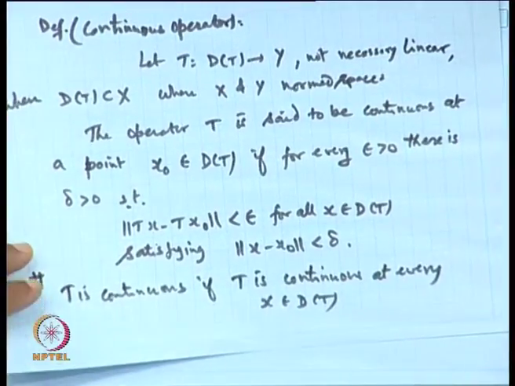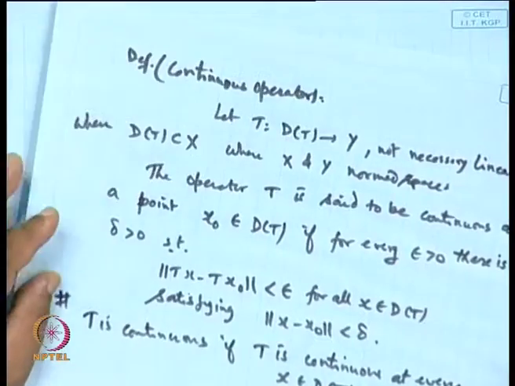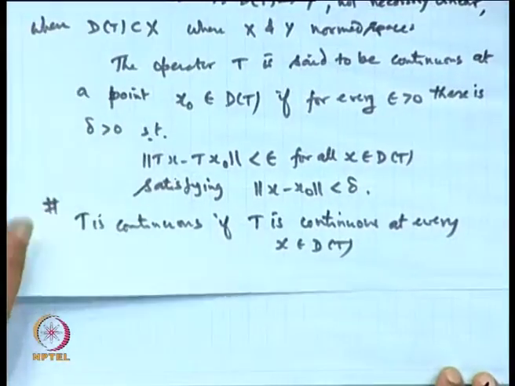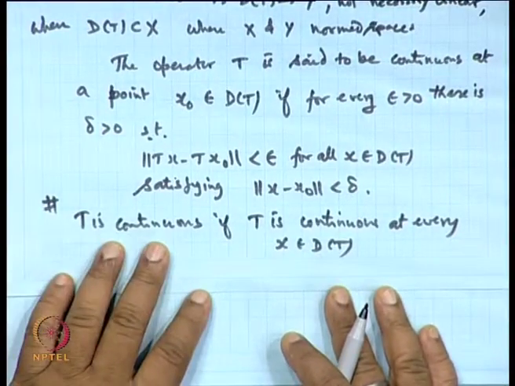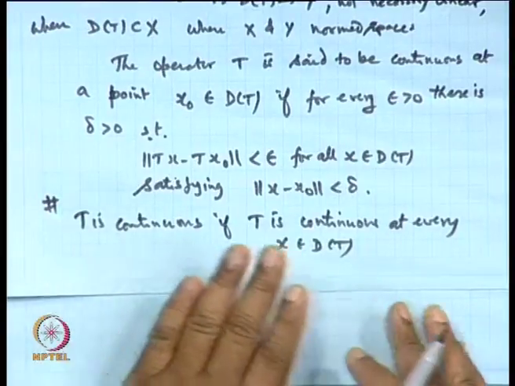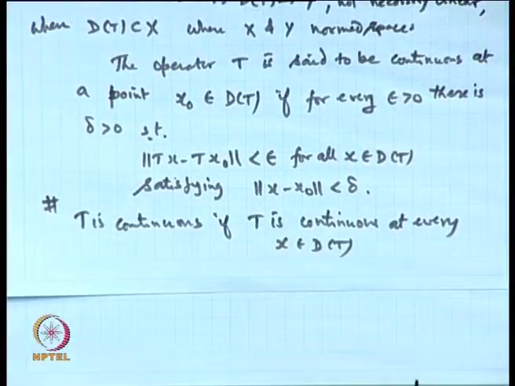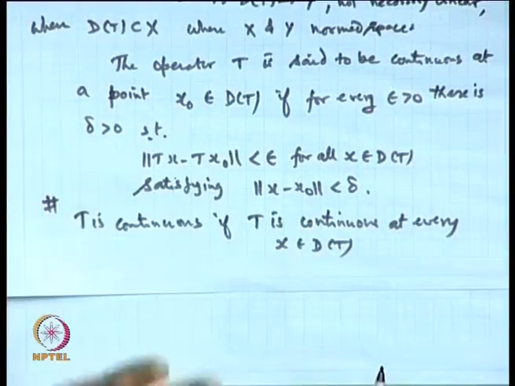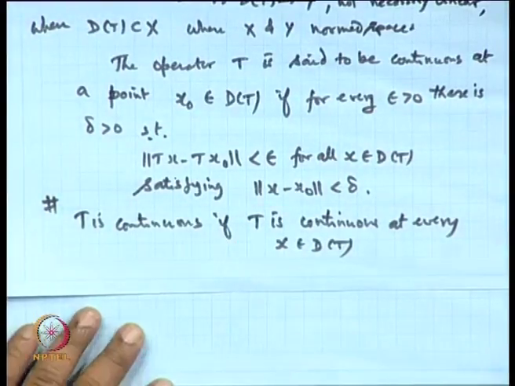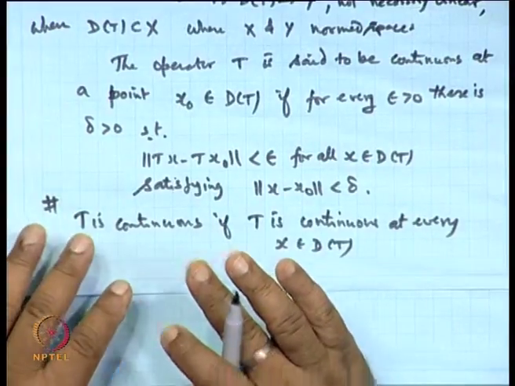Okay, clear. So, we have now introduced these three concepts: an operator being continuous, an operator being linear, and an operator being bounded. What is the relation between these three concepts?